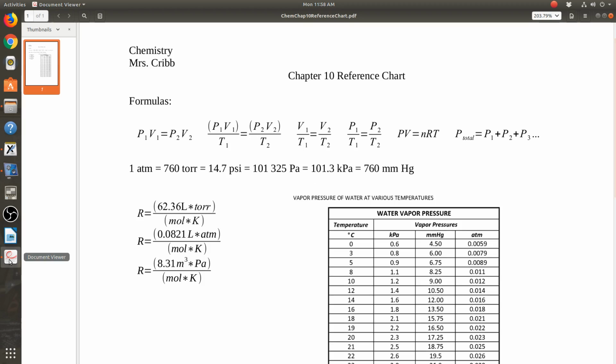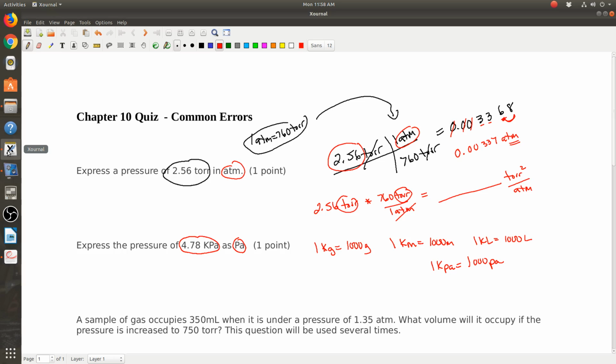So this was actually a very easy question. If you wanted to use the reference chart, 101,325 pascals equals 101.3 kilopascals, that would have been okay. See, this right here is a missing comma, and it's not there on purpose.